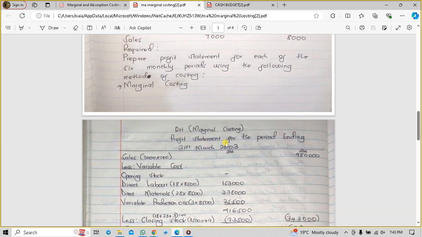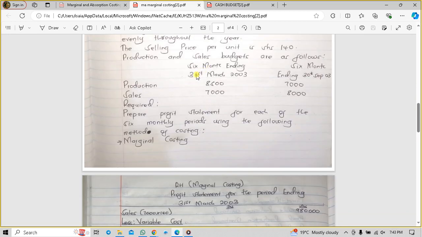Profit statement for the period ending 31st March 2003. The first 6 months. That is the profit statement that you are preparing. So it means that you are going to use a production of 8,500 and a sales of 7,000.